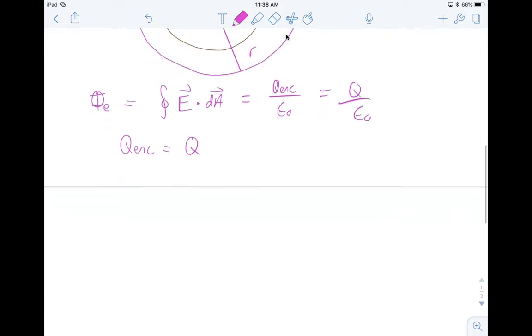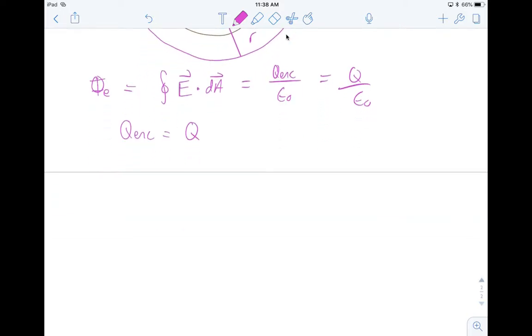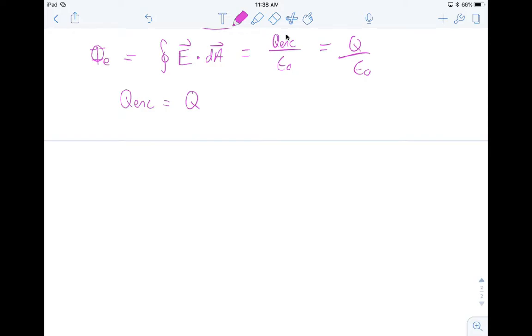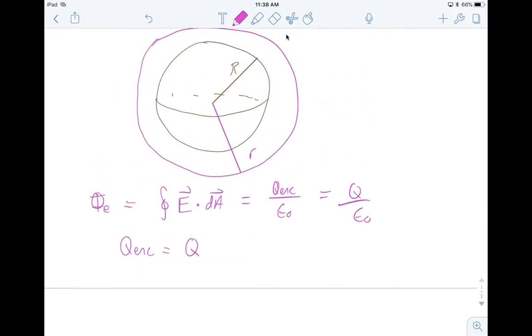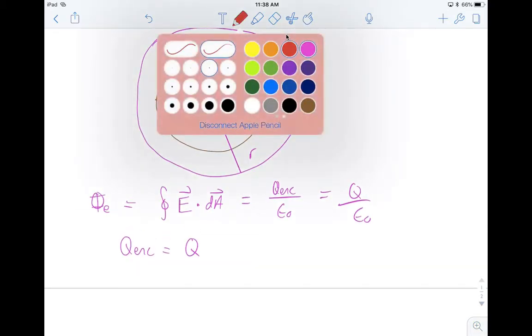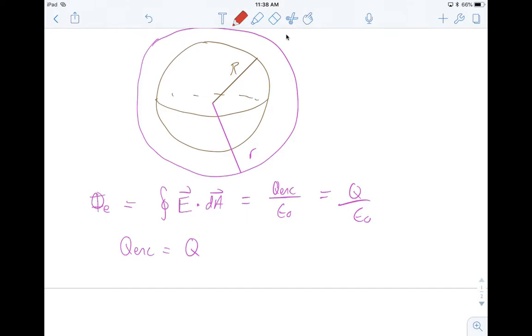So the right side of the equation is just Q over epsilon naught. The left side will equal one of two things on any AP physics problem primarily: it will either equal E times the area of the Gaussian surface, or it will just equal 0. Why is that the case in this problem? The electric field from this charged sphere is pointing radially outward in all directions.